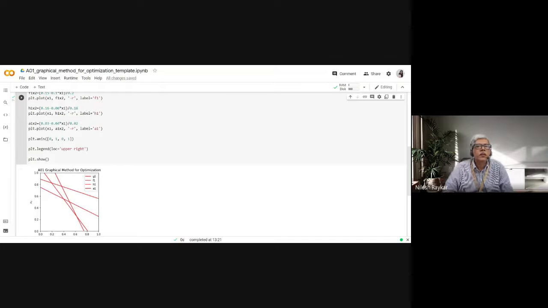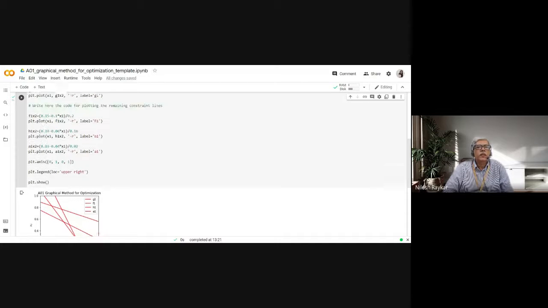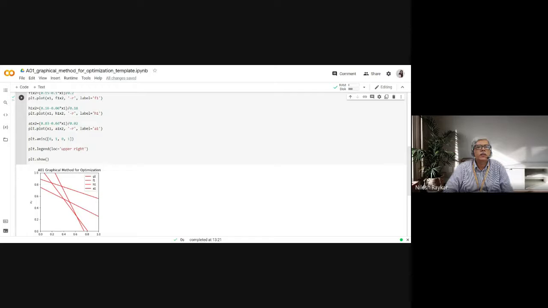I don't know how to shade these graphs. Okay, but for completion of the assignment, you have to submit these files: one scanned sheet where you have written the problem formulation in terms of objective function, design variables and constraints. So one PDF file, one GeoGebra file, and this IPYNB file. Any questions?